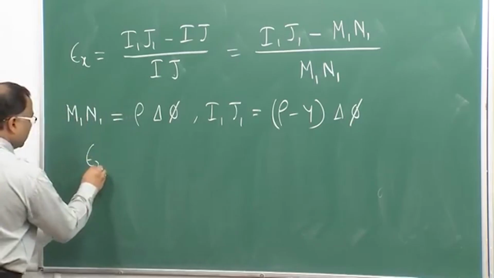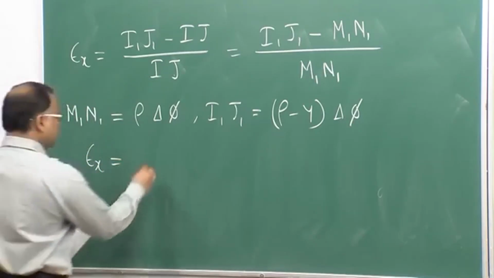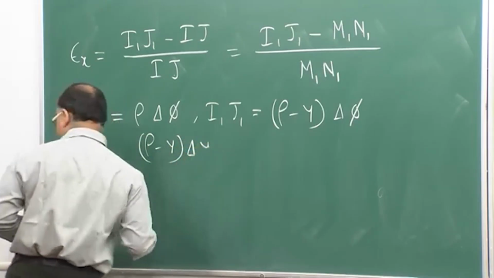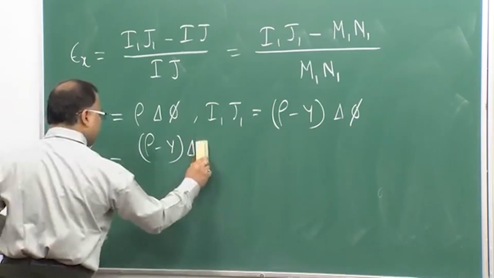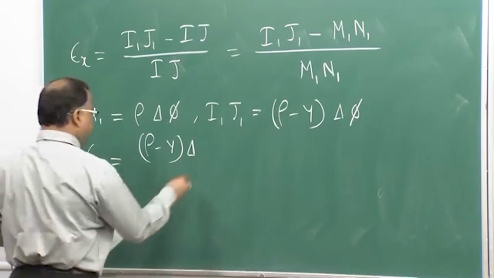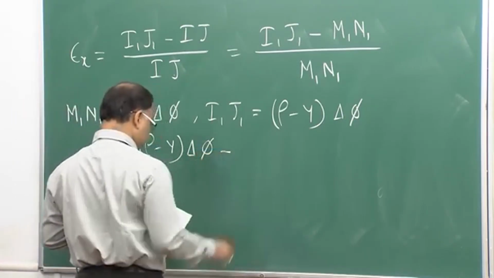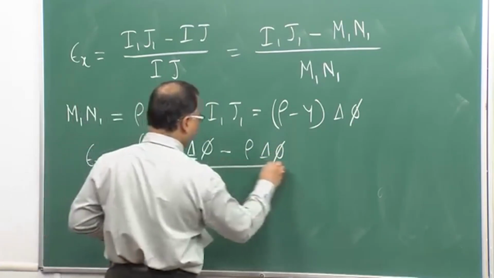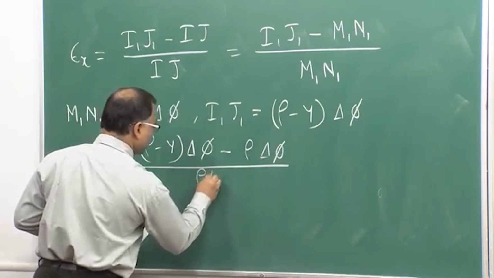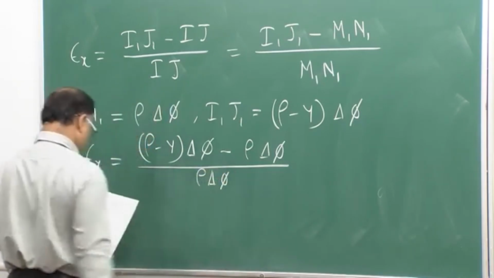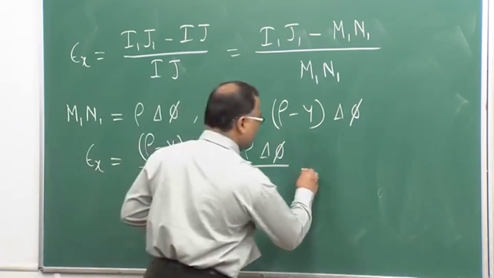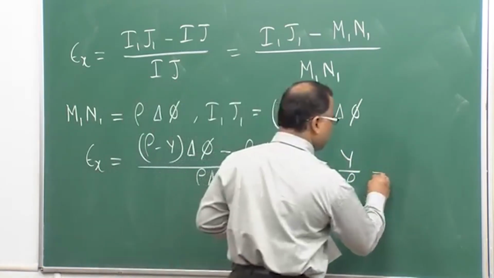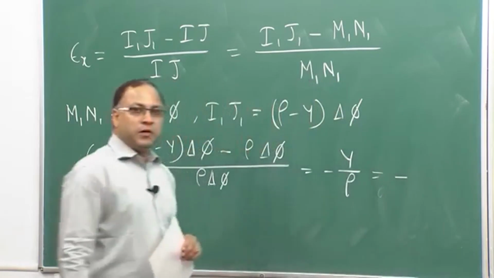So, therefore, your epsilon x can be written as rho minus y delta phi minus rho into delta phi by rho into delta phi. So, this is nothing but your minus y by rho, which is, so what is your y by 1 by rho?